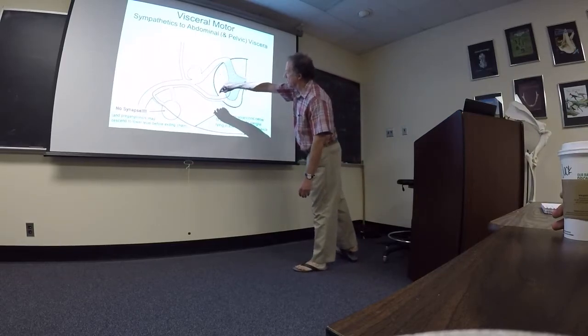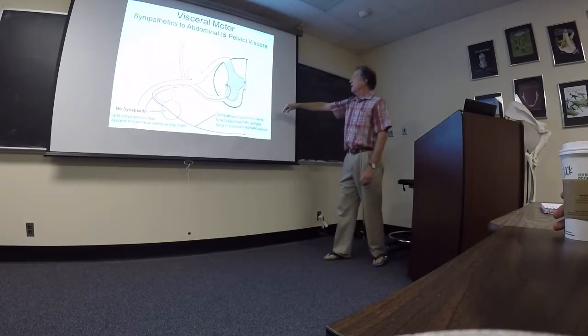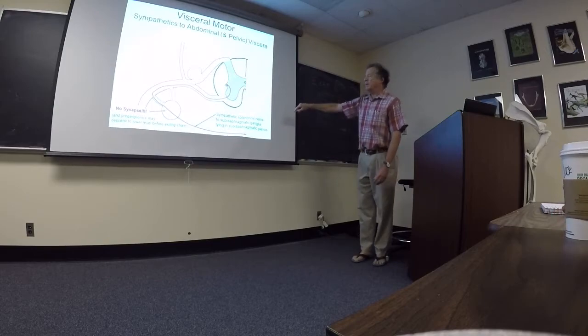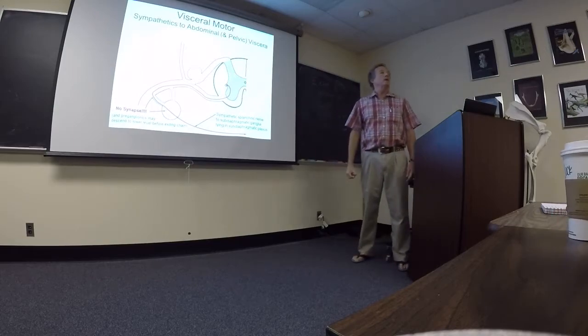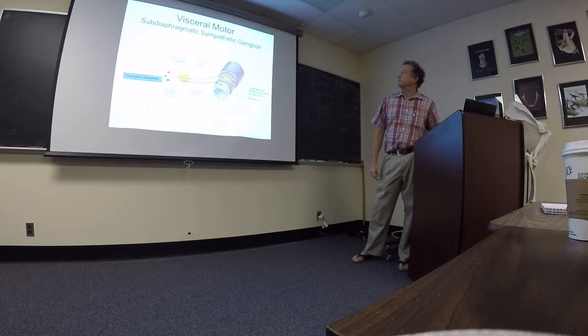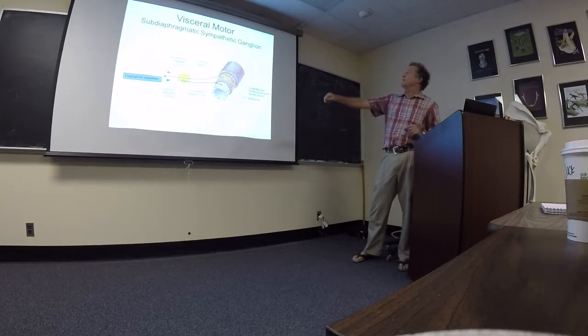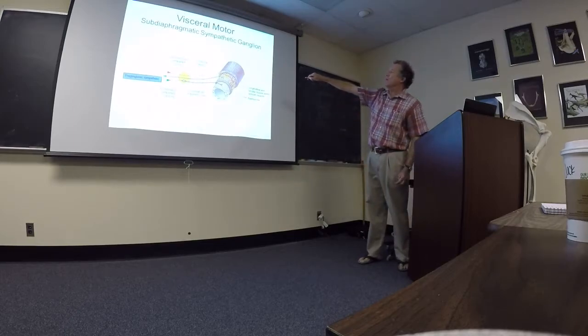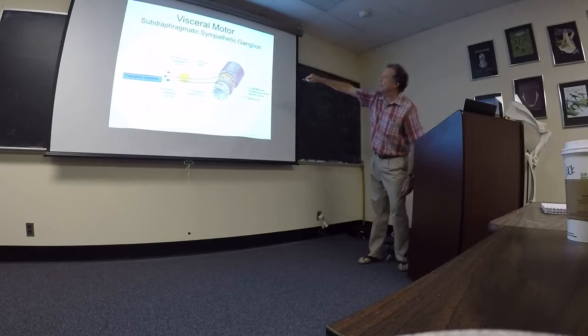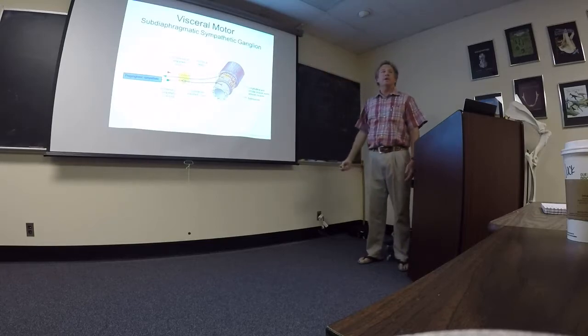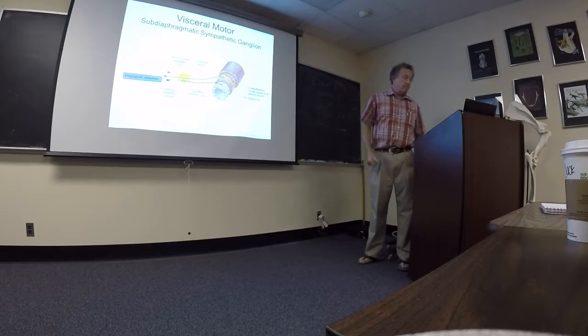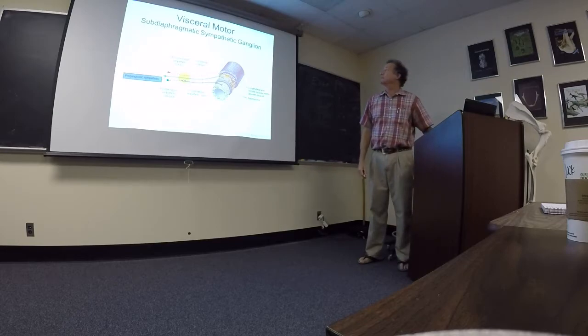The preganglionic continues all the way down until it finds a big blood vessel in front of the abdominal aorta. And when it gets to that vessel around the aorta, it synapses and then follows the blood supply to the organ and goes to the organ that way.